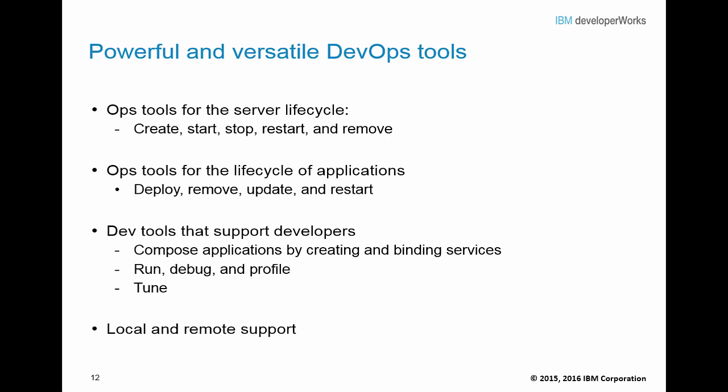The plugin also gives us tooling to maintain the applications. So using this plugin, you can deploy the apps as well as update them, restart the app, and remove the app as you need. The plugin gives us development tools to create service instances and bind the service instances to the applications. We can run the applications and remotely debug the applications.